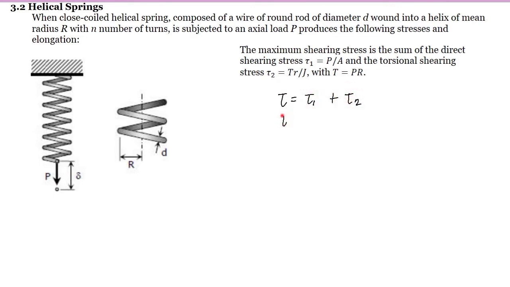Now the direct shearing stress is force over area, and the torsional shearing stress is TR over J. Now for the cross-sectional area to be considered, since this is the force, the shearing area is this.